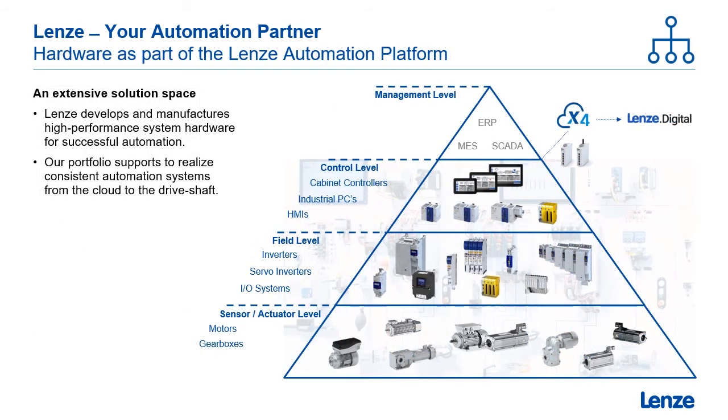So here, it's a quick overview about the different levels and the product pyramid, if you want. You can see from the Lenze automation platform, it's going from the shaft of standard motors, servo motors, even decentralized motor drive packages, into the field level where you see the inverters, servo inverters, VFD, standard drives, IOs, where you go then into controller platform, HMIs, safety controller, these kinds of things.